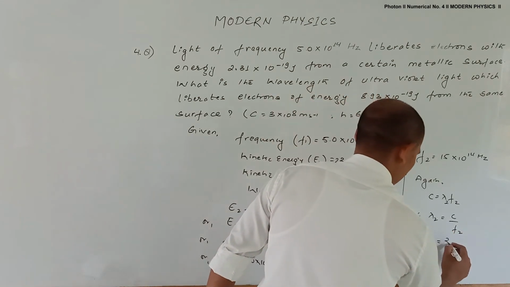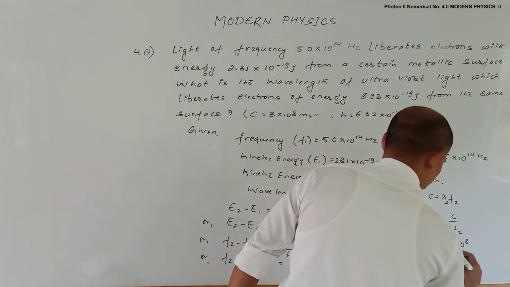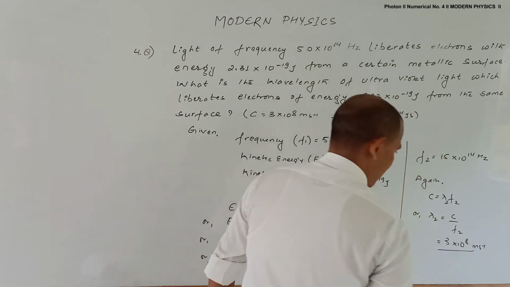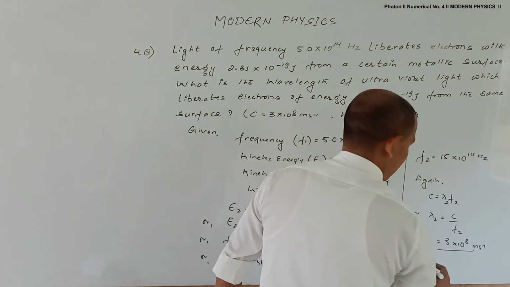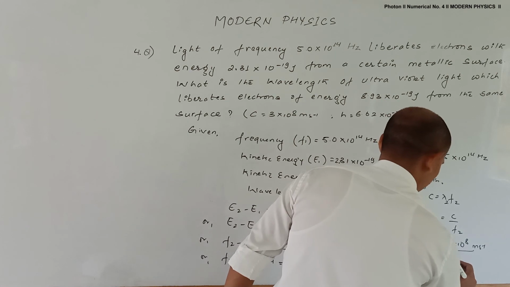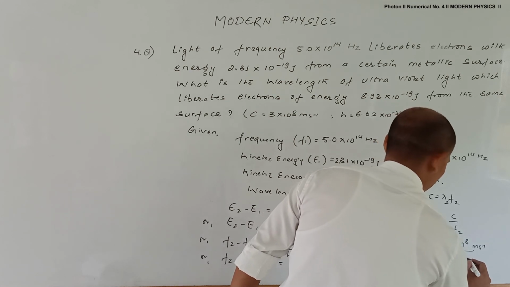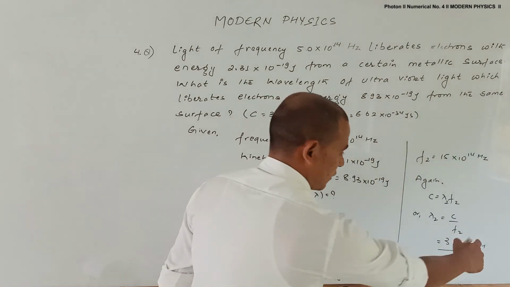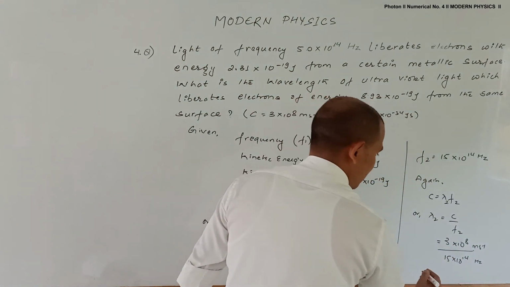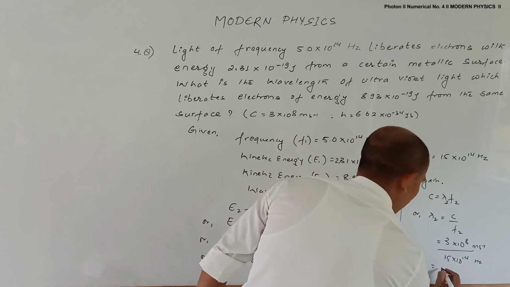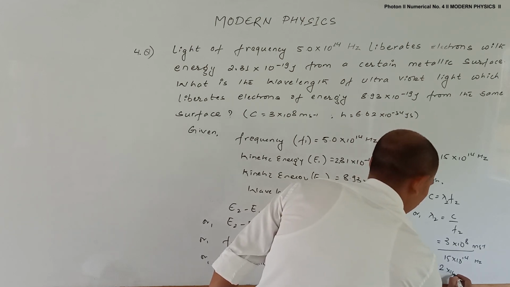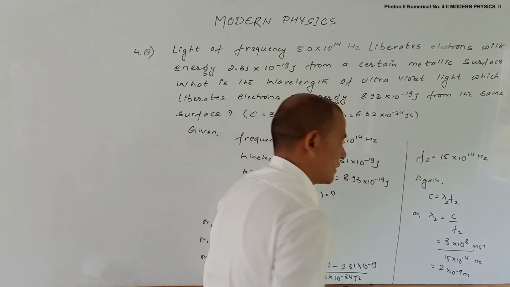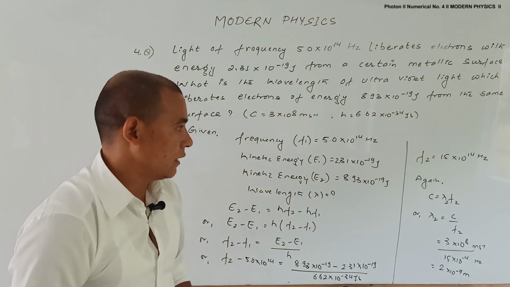So that will be 3 into 10 to the power 8 meter per second divided by the frequency, that will be 15 into 10 to the power 14 hertz, or we can write it as per second. Inverse of time is hertz. So that will be 2 into 10 to the power minus 7 meter. So this is our final answer.